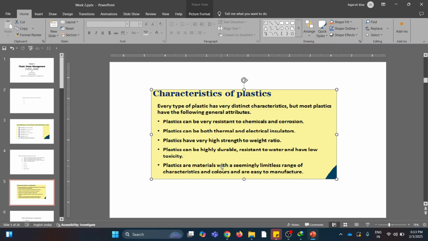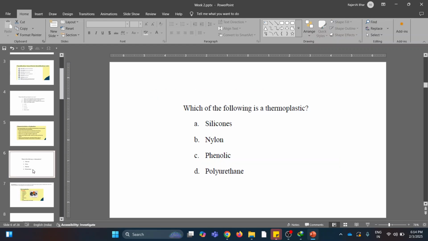People can use it for different purposes, starting from molecule penetration as a membrane, as biopolymer also, bioplastics are also there for packaging, people use it for carrying stuff. So there are different kinds of uses, sterile, antiseptic, all this stuff. Then, which of the following is a thermoplastic?